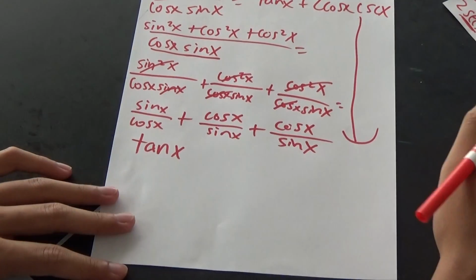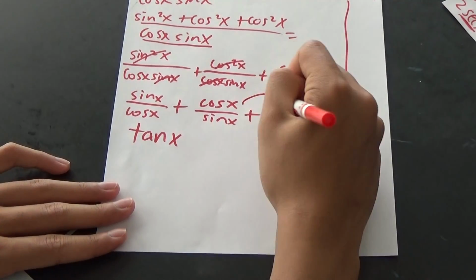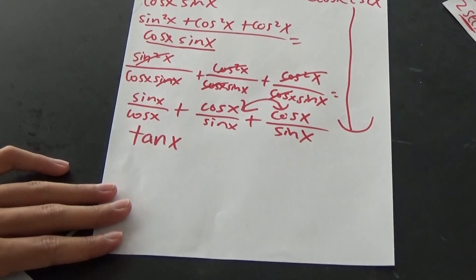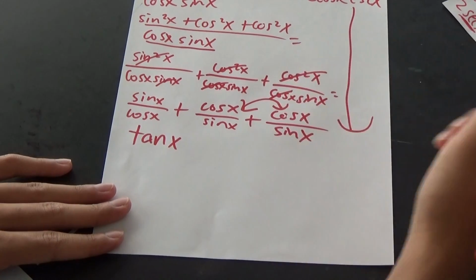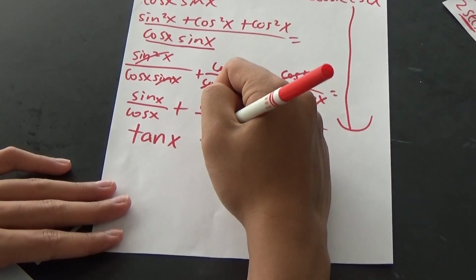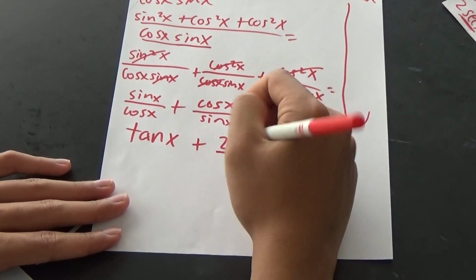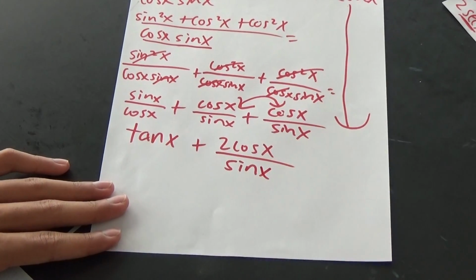Oh, wonder where that came from. And then you have these two terms which are exactly the same. So when you add them, you can combine them and put a 2 up front, right? So that's basically 2 cosine x over sine x.